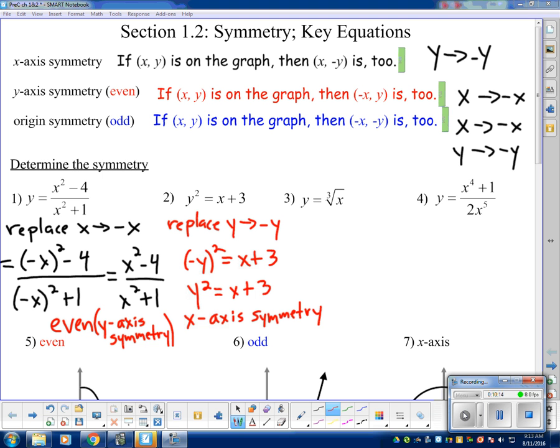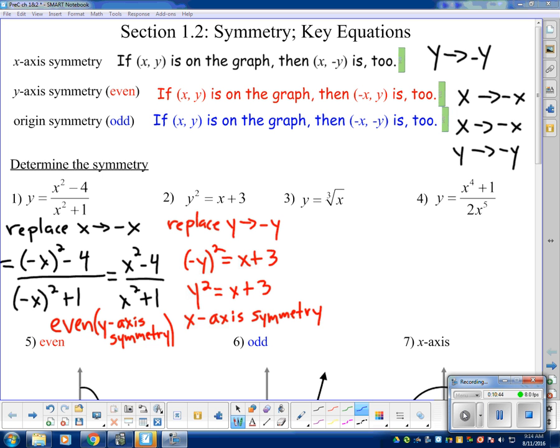And then, what about this one for number 3? It's a cubic. Do you have a guess as to which type of symmetry it might have? Yeah, this is going to be the origin example. Because I can't just replace y with negative y and keep the equation the same. I can't just replace x with negative x and keep it the same.